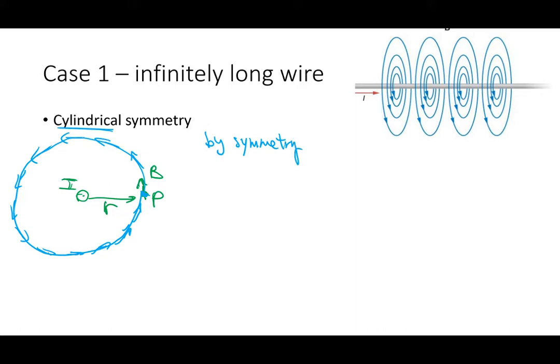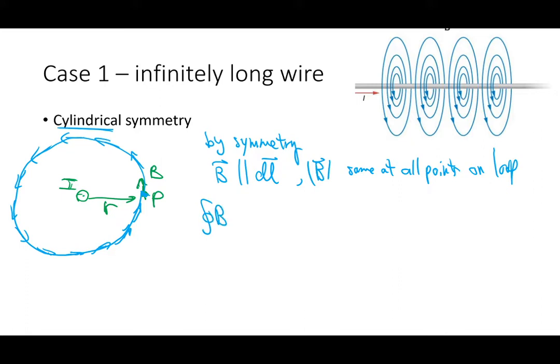And these are things very similar to what we've written for Gauss's law, where by symmetry, we expect your B to be parallel to your dl in this case, and that your B magnitude is the same at all points on the loop. This is what we need then to simplify my loop integral to actually get me something useful.